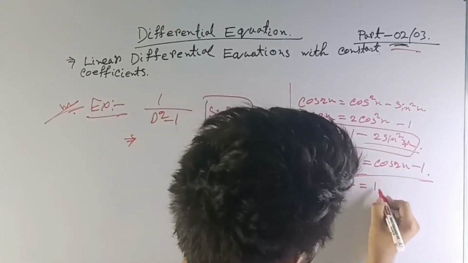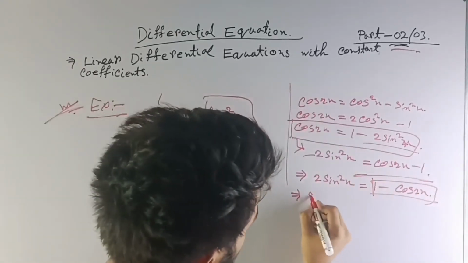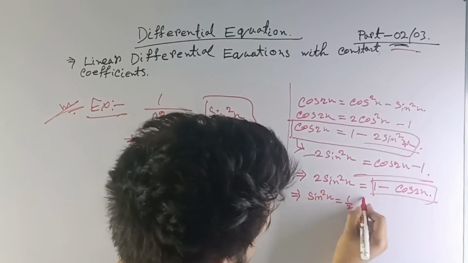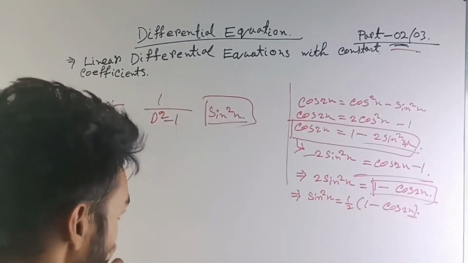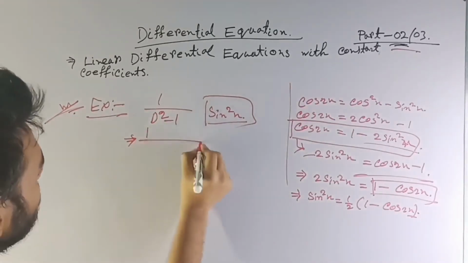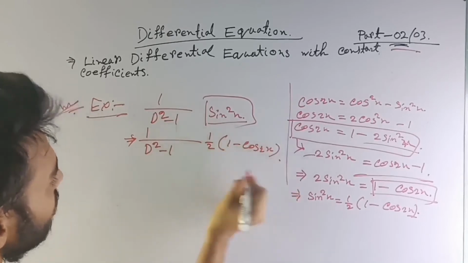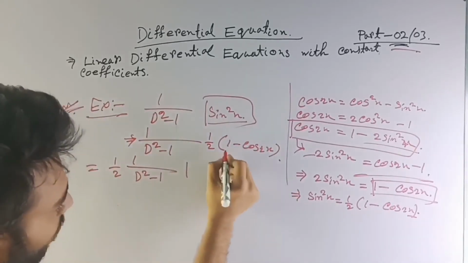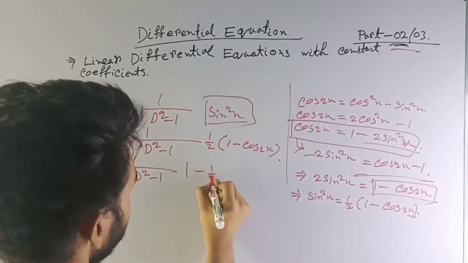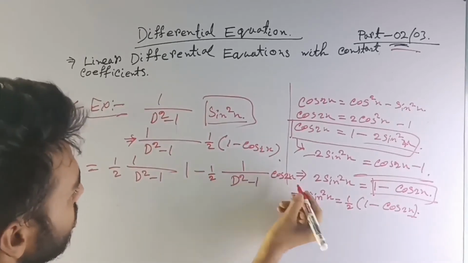So now 2 sin square x equals 1 minus cos 2x, therefore sin square x equals 1 by 2 times of 1 minus cos 2x, that's it. So here write 1 by D square minus 1 of half of 1 minus cos 2x, that means 1 by 2 times of 1 by D square minus 1 of 1 minus 1 by 2 times of 1 by D square minus 1 cos 2x, that's it.